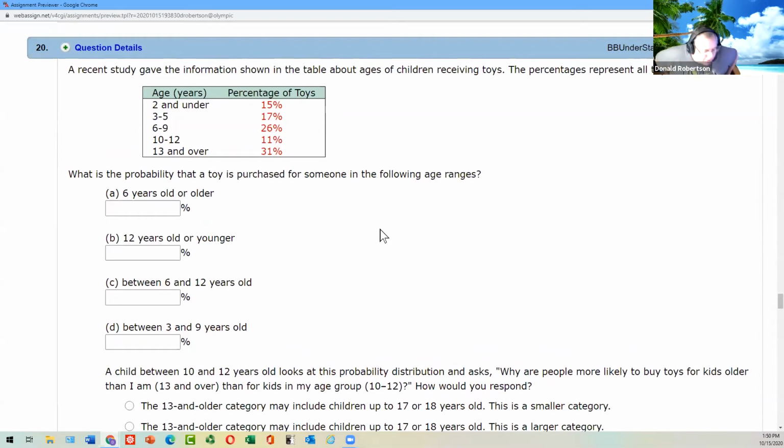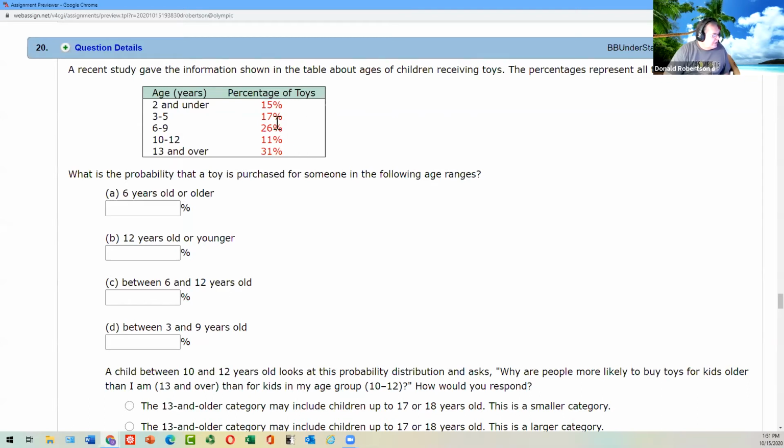Let's look at question 20 now. Okay, here we have a table. What's the probability that a toy is purchased from someone in the following age group? 12 years or younger. Well, if you want to get 12 years or younger, aren't you basically going to add up everybody in this set here?